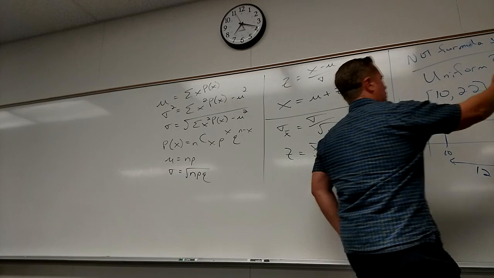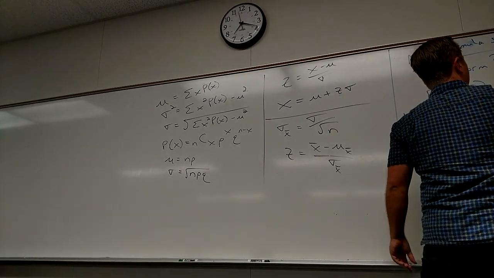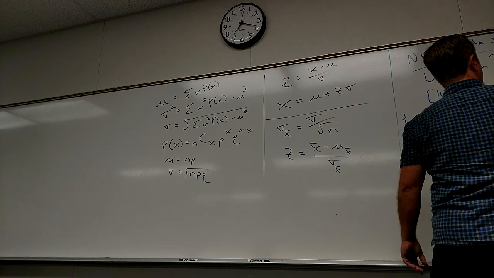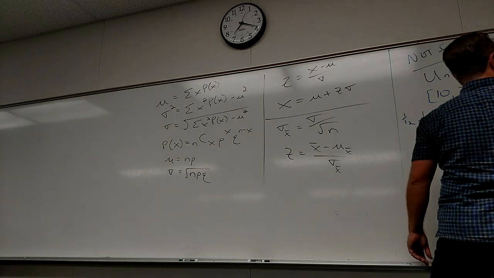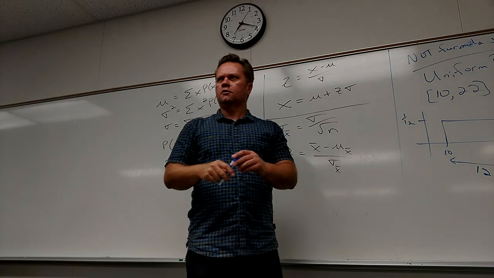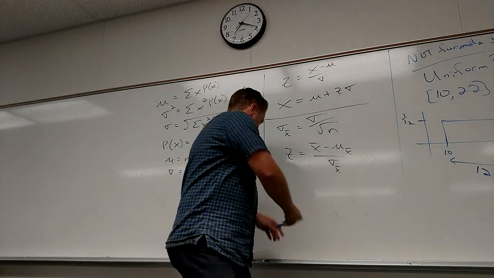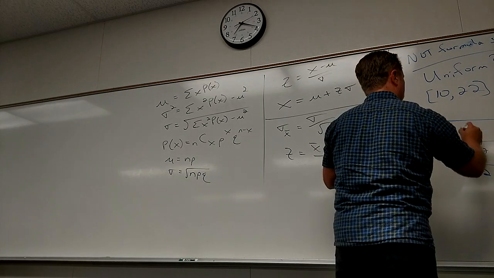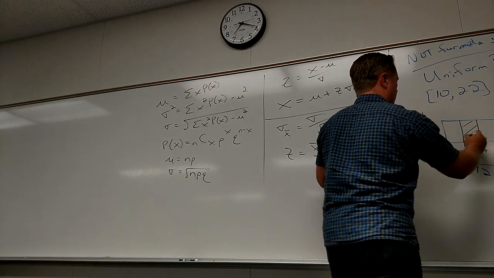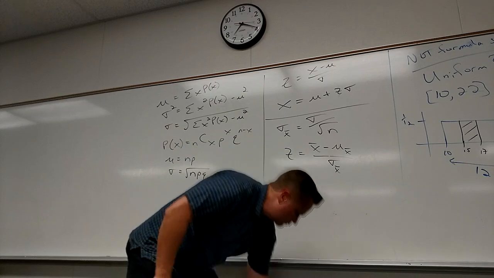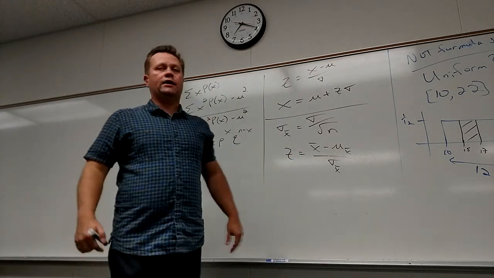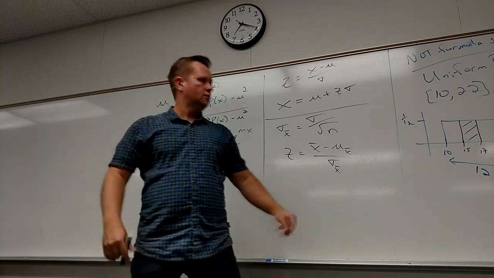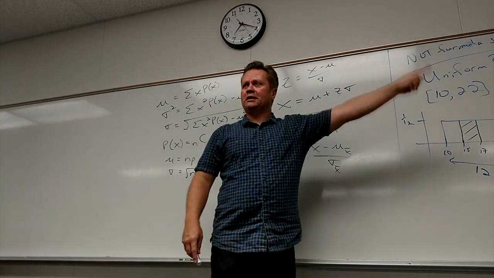So if I ask you, what's the probability that I get something between, make it 15 and 17. If you draw that, it looks like 15 to 17. So what's the area of that rectangle going to be? What's the height of any rectangle in there? 1/12. That's the height.